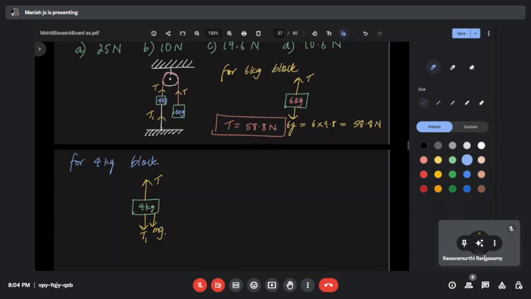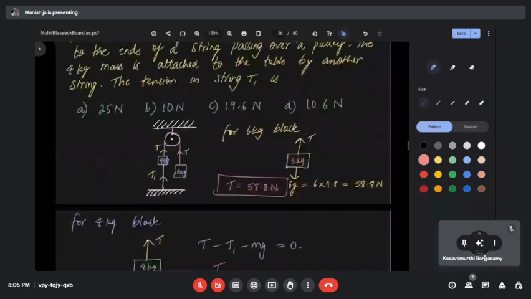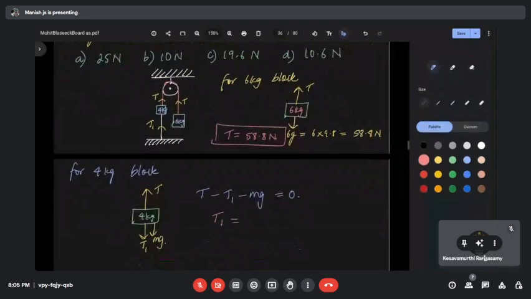So what is the expression? If you're going to write the equation, T minus T1 minus mg equal to 0. So go for an expression. So T1 is equal to T minus mg.